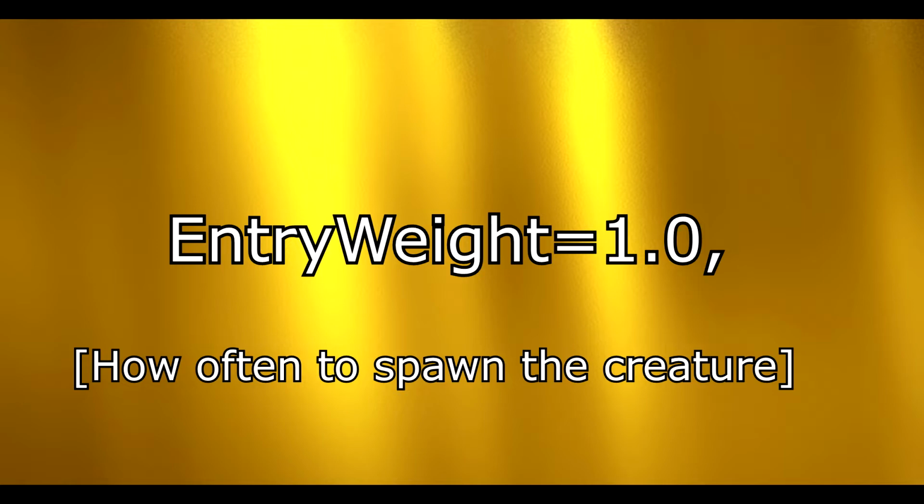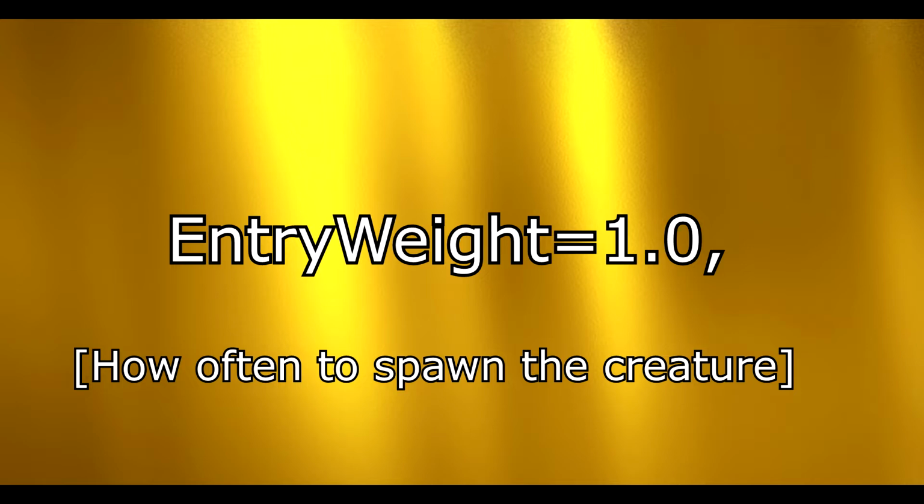Next, you want to enter EntryWeight equals, comma. This part of the line of code tells the game how often you want the creature to spawn, with the number between the equals and comma acting as some kind of percentage. 1 being 100%, 0.25 being 25%, and so on and so forth.